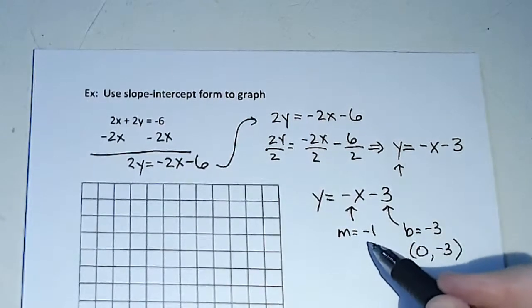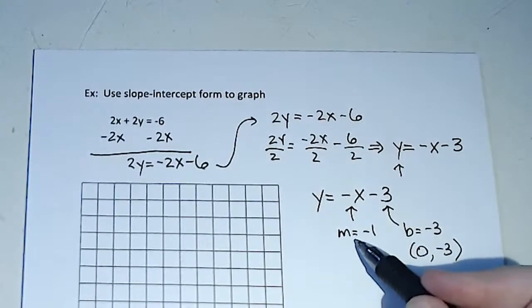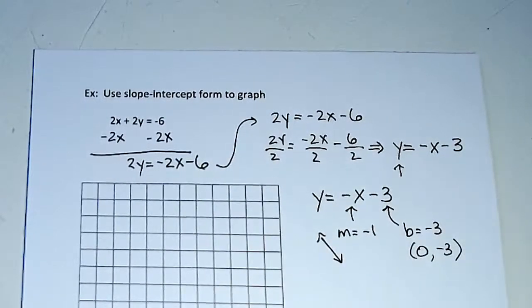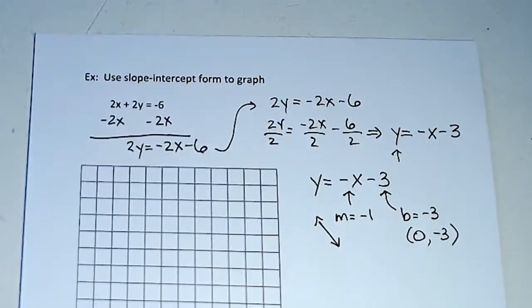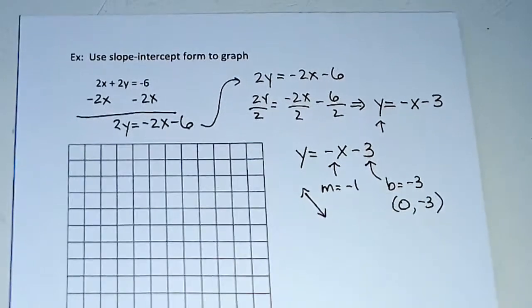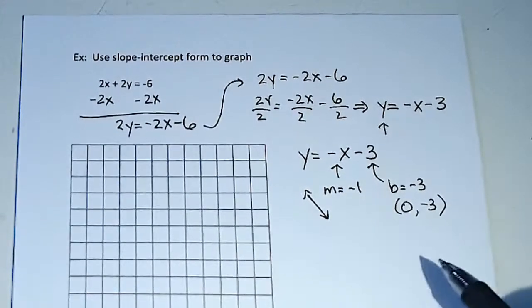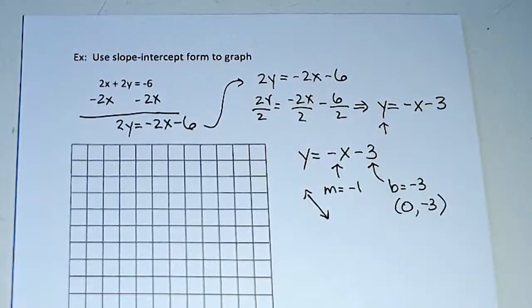So what does the slope tell me? The slope tells me that I'm moving in a negative direction. So the line's actually going to look like that. And also, I'm going to take us back to triangle land. Now, this is going to be a really different way of graphing. The way I'm going to graph this is, rather than plotting a bunch of points, I'm actually going to use the slope.